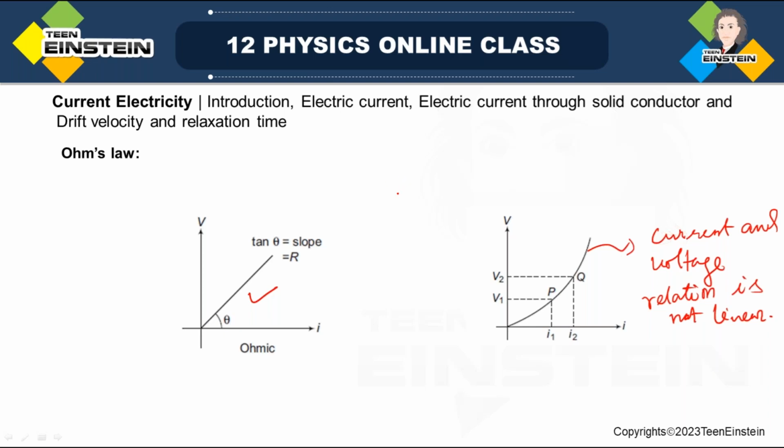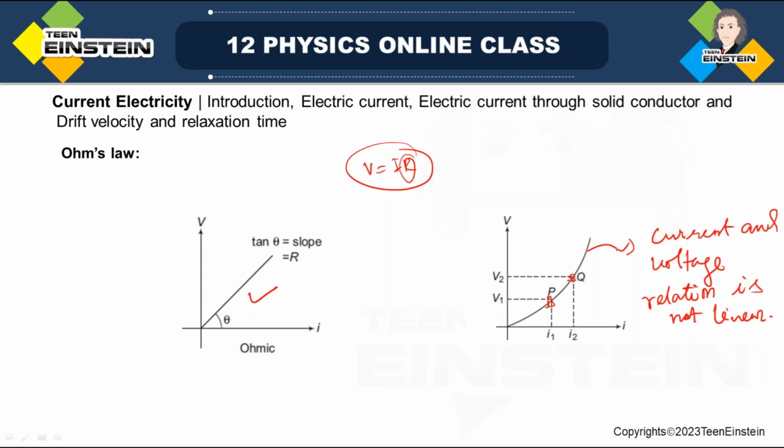Where Ohm's law is valid, like V is equal to IR, in that case we will be able to find the resistance from the slope. In this case, we cannot find it so easily. We can get the slope at each point, like at this point, and at this point.